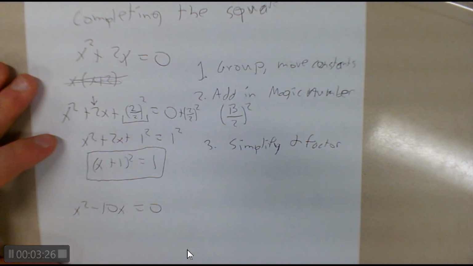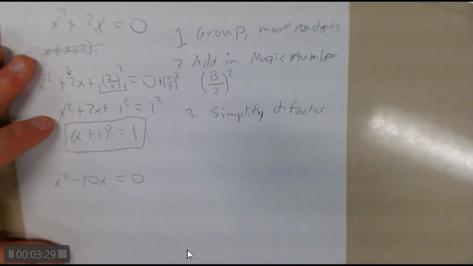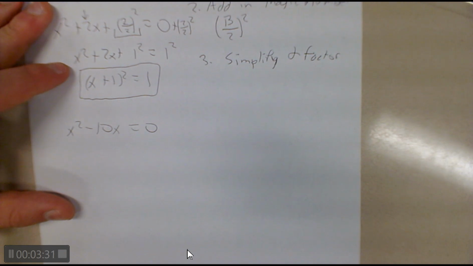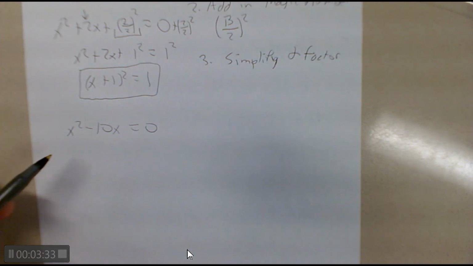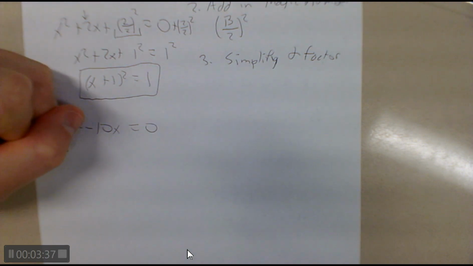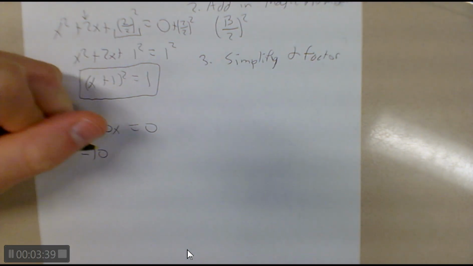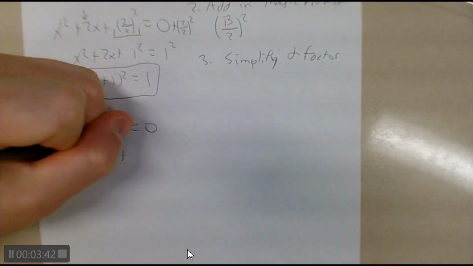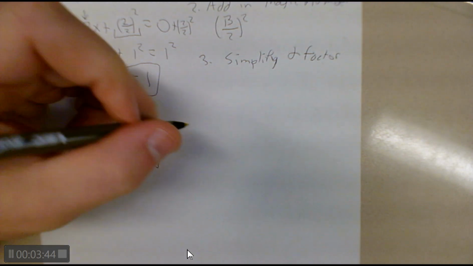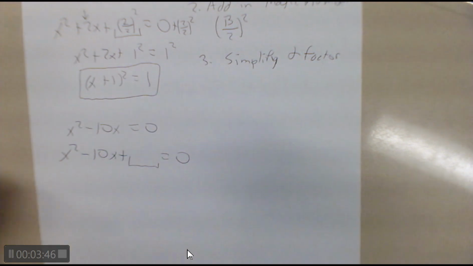So we have this x squared minus 10x. I'm going to scroll down just so it's a little cleaner. So once again, our first step is going to be group and then move the constants. So we don't have any constants, and so when we group, we're just going to write x squared minus 10x plus, we're going to leave a space, equals 0.